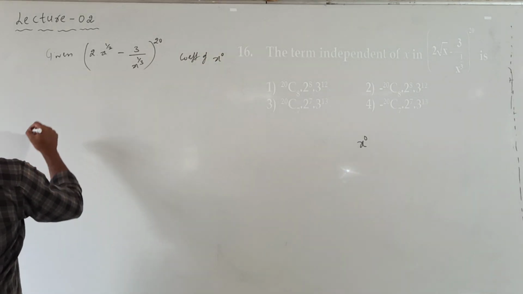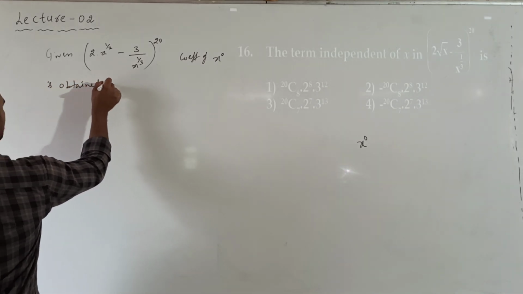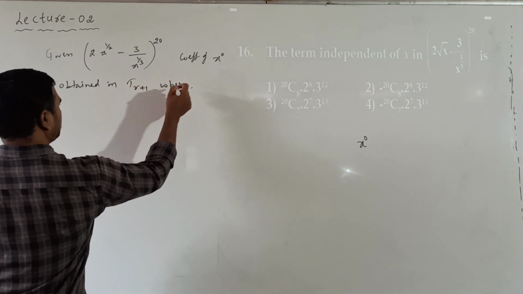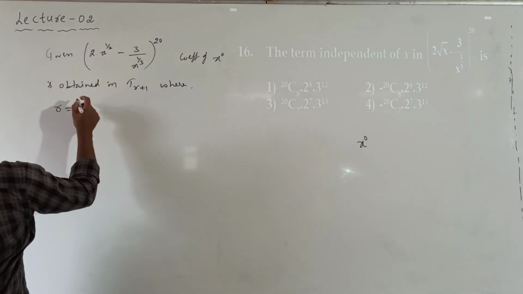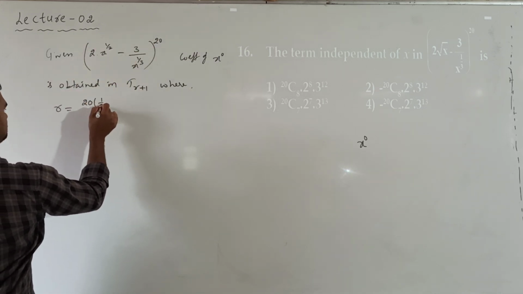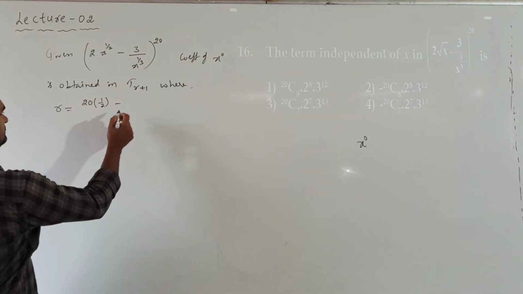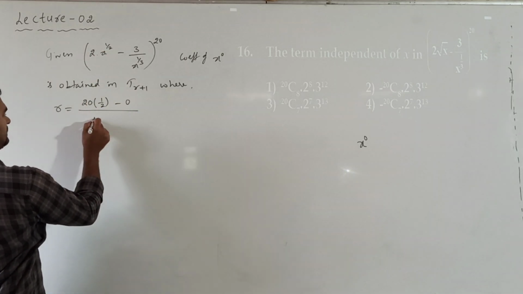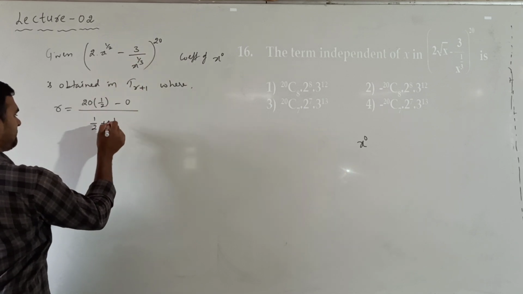So x to the power of 0 is obtained in T r plus 1, where r is n into p, 20 into 1 by 2, n p minus m, here m is 0, divided by p plus q. P is 1 by 2 plus q is 1 by 3.